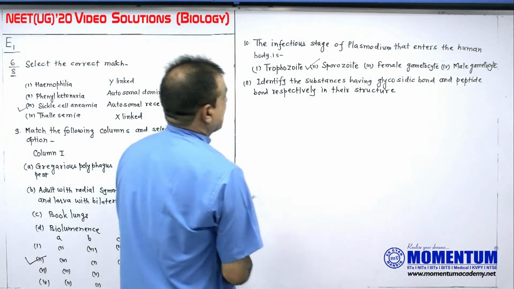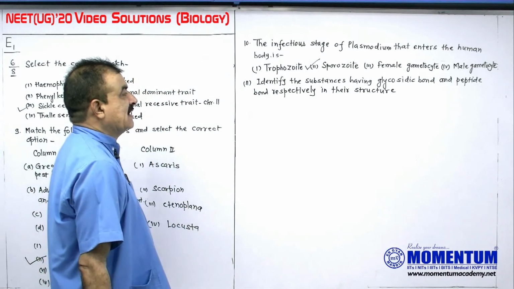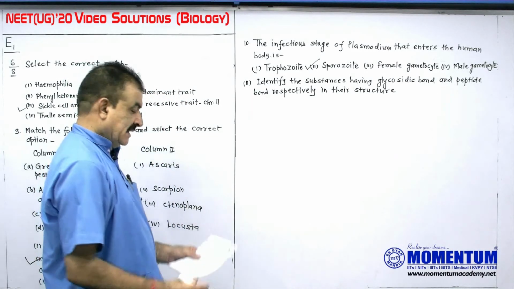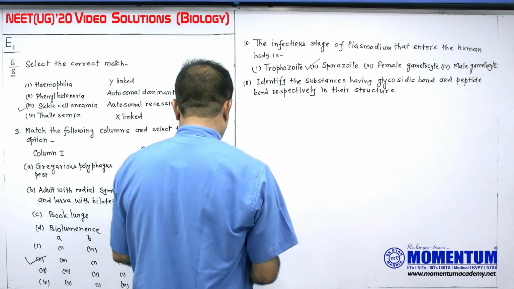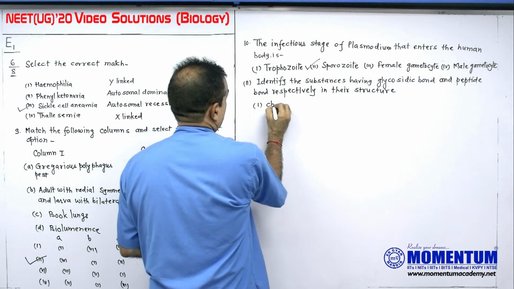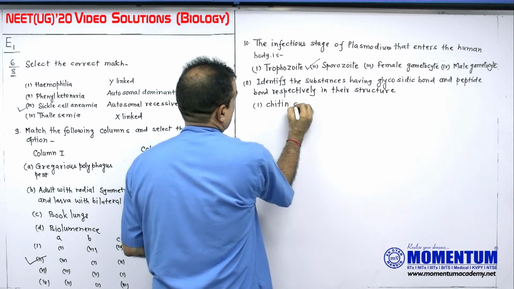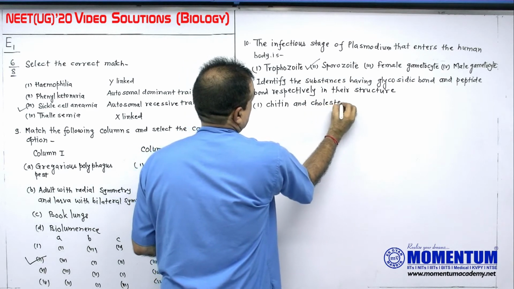Now identify the substances having glycosidic bond and peptide bond respectively in their structure. Four options are given. Number 1, chitin and cholesterol.